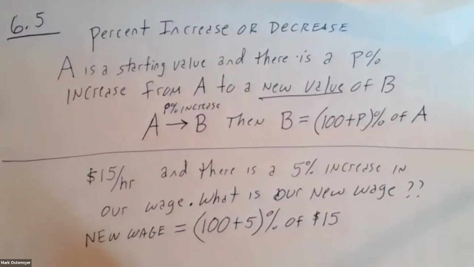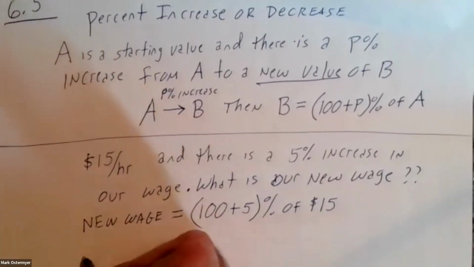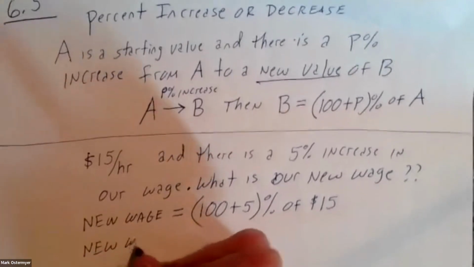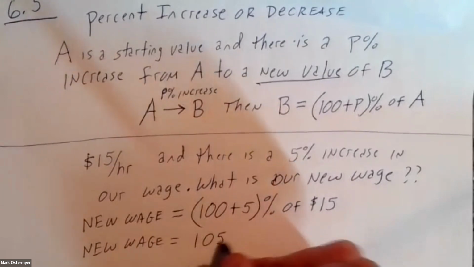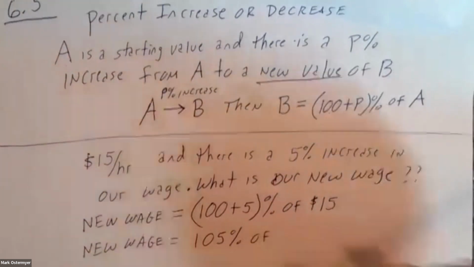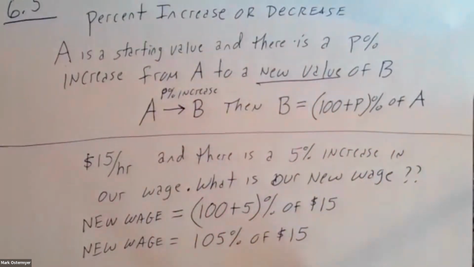There you go. That's how you would compute your new wage. So what's 100 plus 5? Our new wage is really going to be 105% of our old or initial wage, which is $15 per hour.